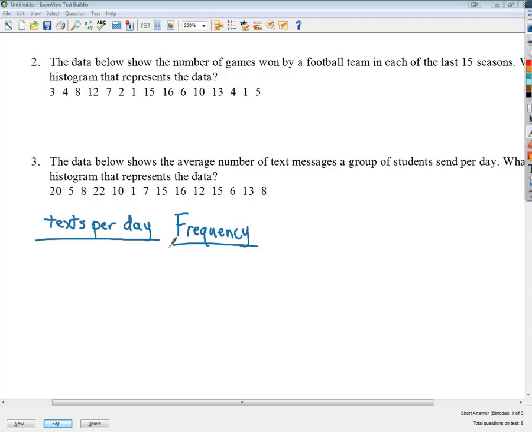So 0 to 4, 5 to 9, 10 to 14, 15 to 19, and then 20 to 24. That should get everything covered.